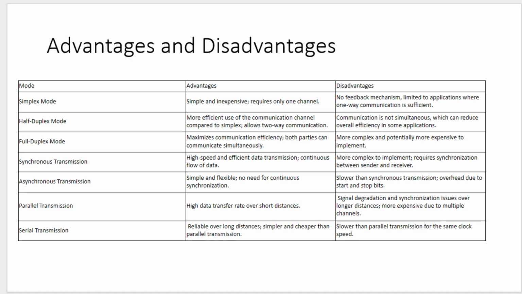For synchronous transmission, the advantage is high speed and efficient data transmission with a continuous flow of data. The disadvantage is it is more complex to implement and requires synchronization between sender and receiver. Asynchronous transmission, the advantage is simple and flexible, no need for continuous synchronization. The disadvantage is it is slower than synchronous transmission, with overhead due to start and stop bits.